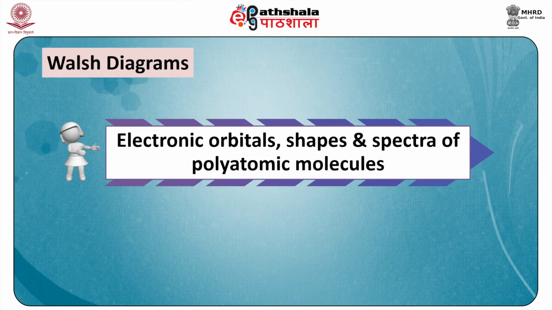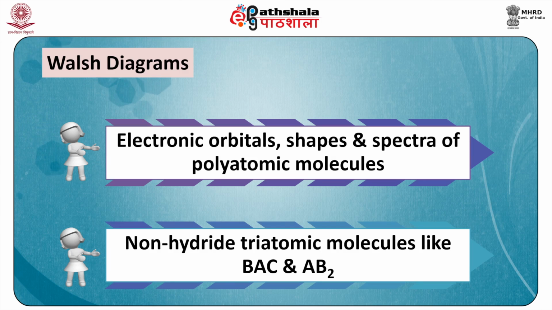The shapes adopted by polyatomic molecules could now be successfully rationalized in both the ground as well as in the excited states. Walsh diagrams give the electronic orbitals, shapes and spectra of polyatomic molecules, particularly the non-hydride triatomic molecules like AB2.